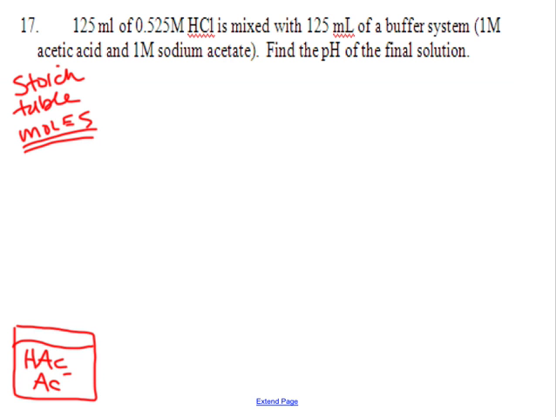So that buffer is invaded with what? HCl. Really, what's invaded with? H plus. You've got to be able to get over all those spectators. If you start writing HCl plus NaAc, you're going to be so messed up. You've got to get rid of the stuff that isn't important.